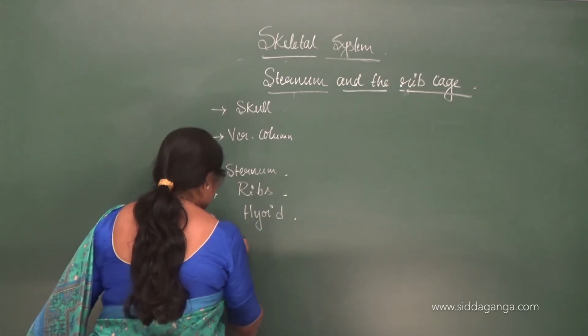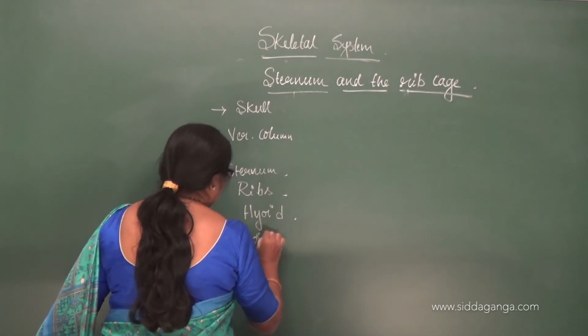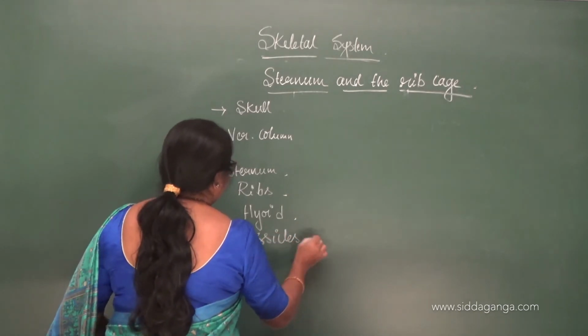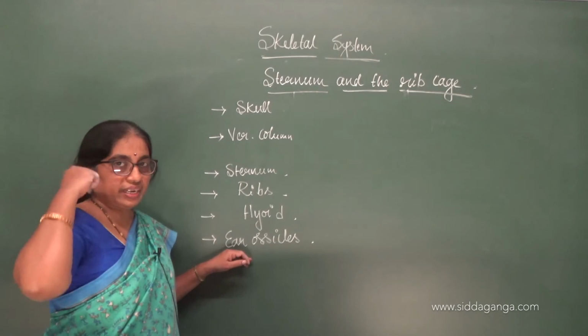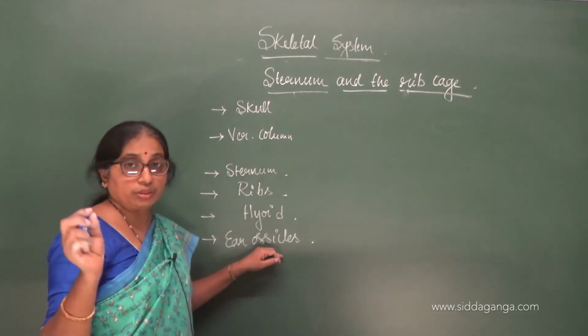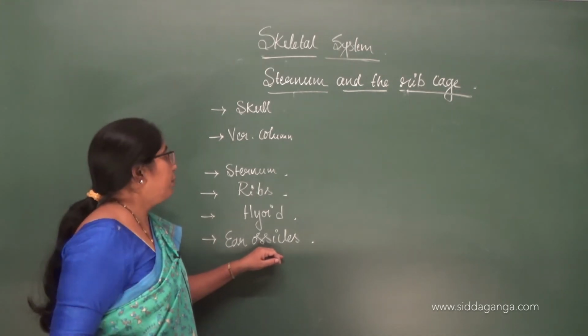They are referred to as ear ossicles. The external ear is the pinna, and the ossicles are the tiny bones present in the middle ear.